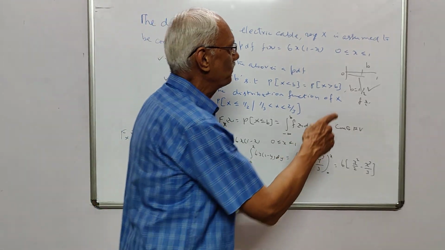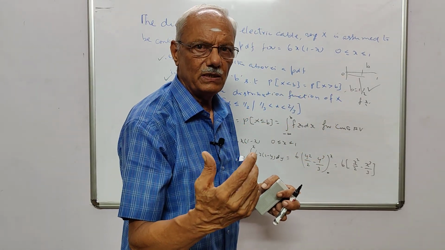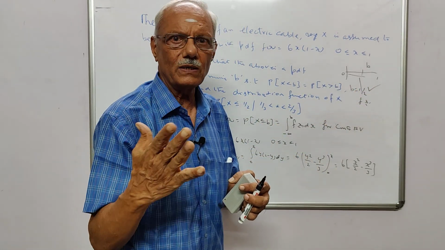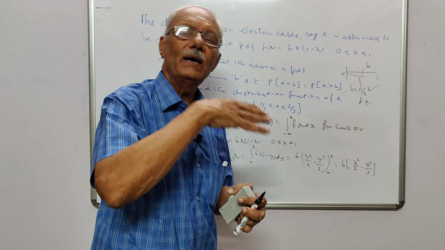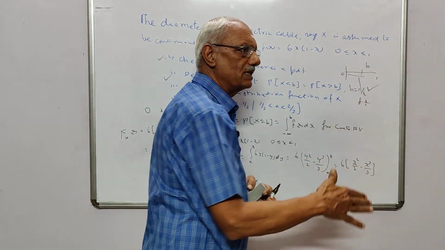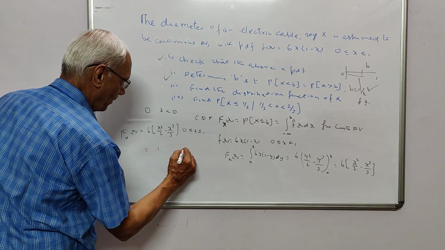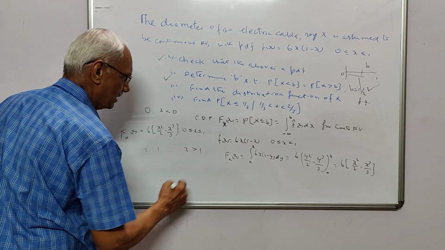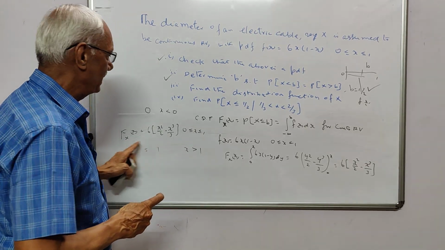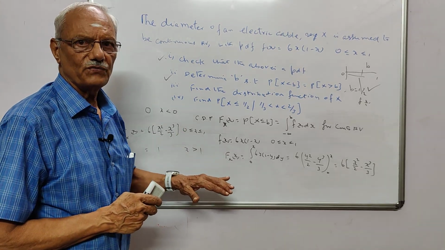We have proved that the density function over the interval 0 to 1 integrates to 1, so after that it will remain 1 throughout. So it is equal to 1 for all values greater than 1. Are you able to understand? This is called your cumulative distribution function.